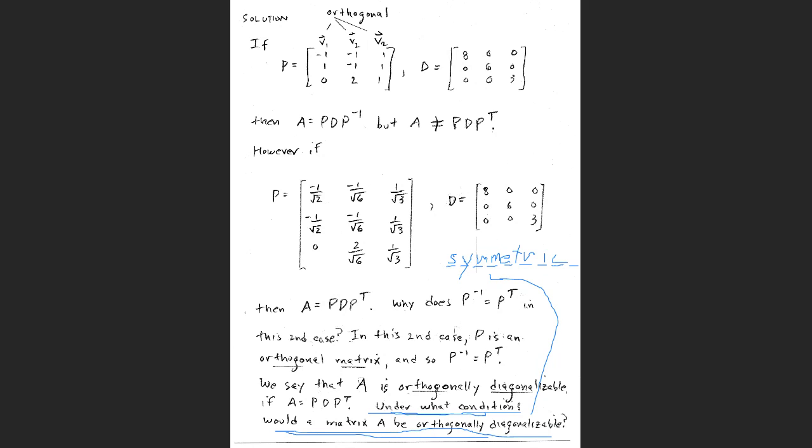In other words, if you have a symmetric matrix, it's guaranteed that you can orthogonally diagonalize it. What I'd like to do is look at a few of the little proofs in the book to help you feel comfortable with this. And then we'll look at another example.